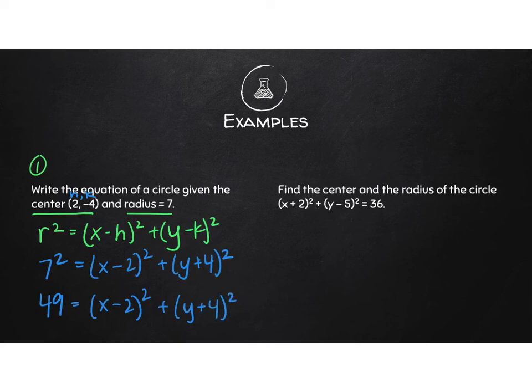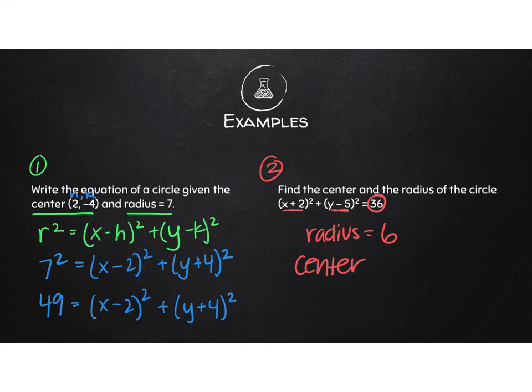All right, let's take a look at another example. Find the center and the radius of the circle. So now it's given here, and we're going to first find the radius. And we're going to remember that it's equal to the radius squared. So the square root of 36 is 6. Then we're going to find our center using the fact that we have x plus 2 and y minus 5.